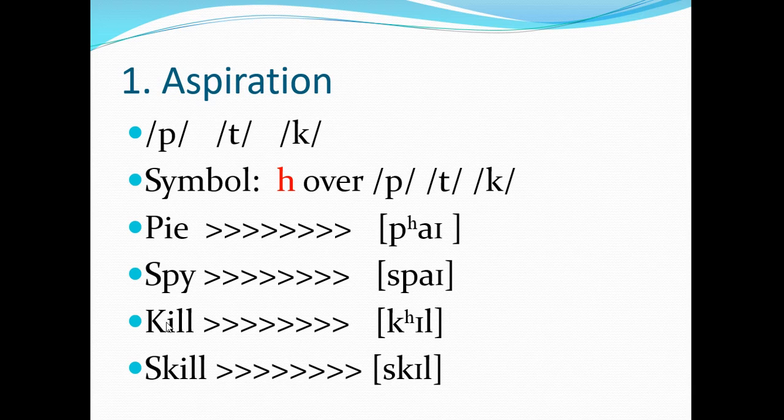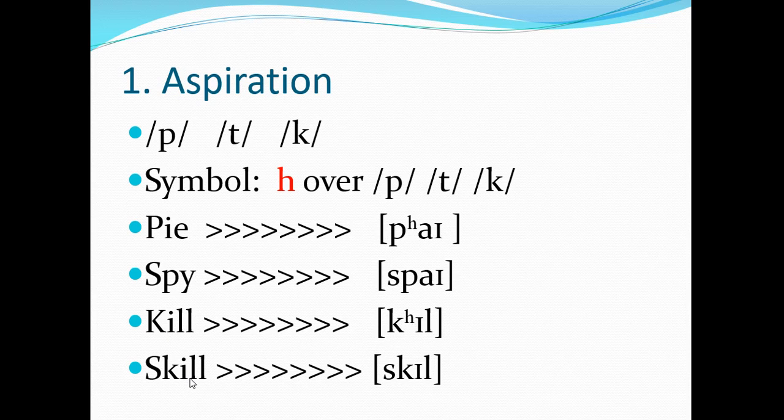But look at this word, kill. Kill starts with a voiceless stop, and it is also at the beginning. After that sound, we have a stressed vowel, which is i, kill. So we have to apply the aspiration rule here. Write the little h there, kill, okay?